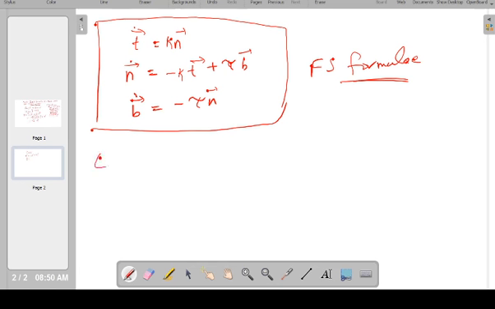Before the example, let us observe one thing.